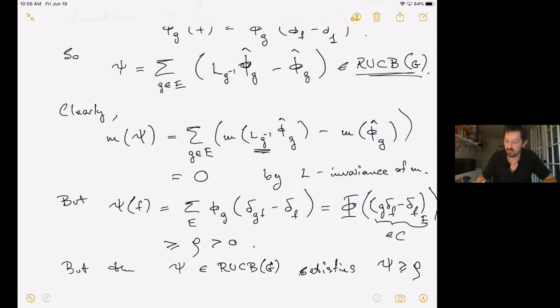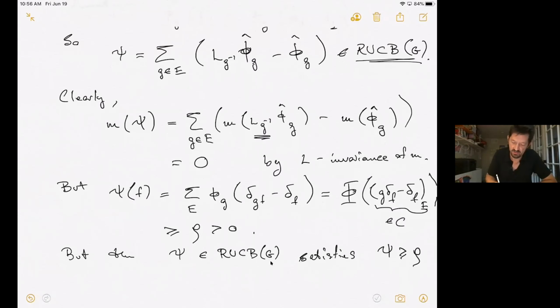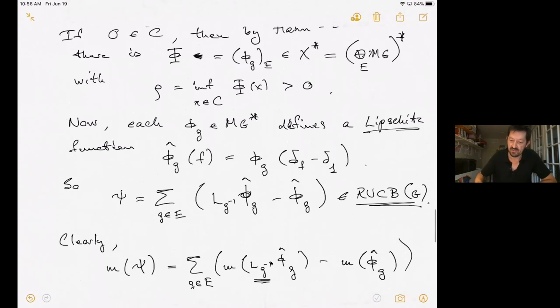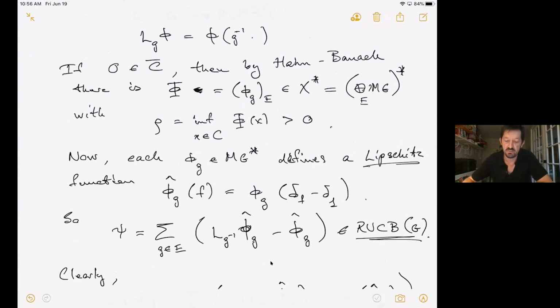So this is a contradiction. This contradicts the positivity of my mean m. Okay. So this shows that zero really is a limit point of my convex set C.